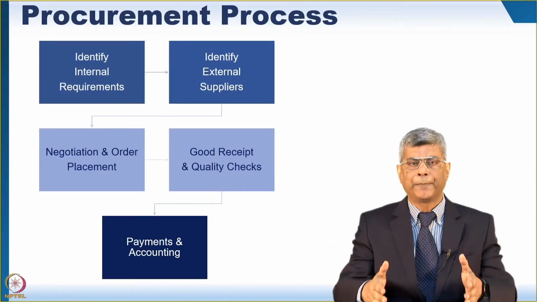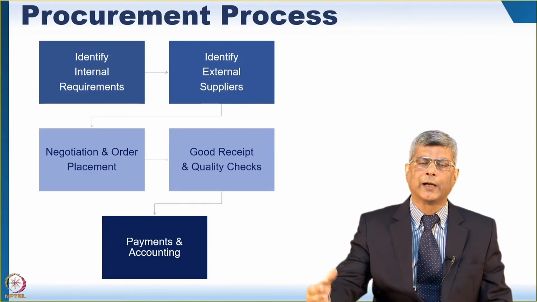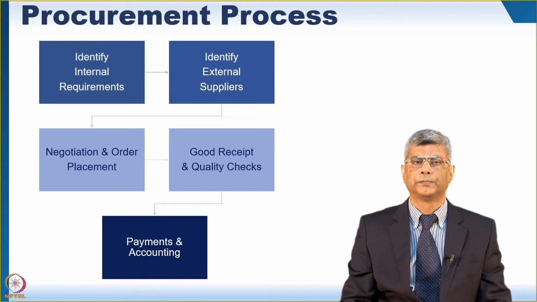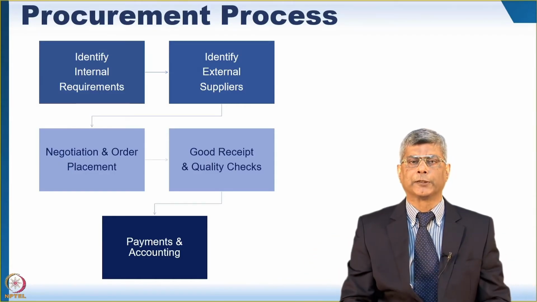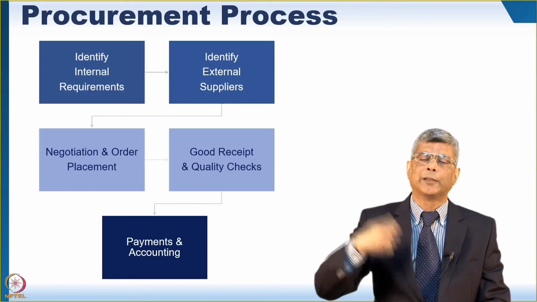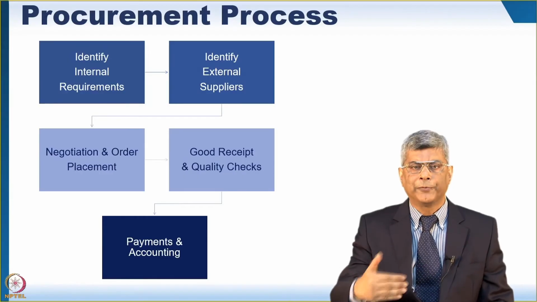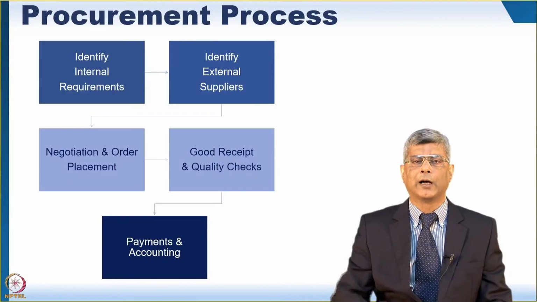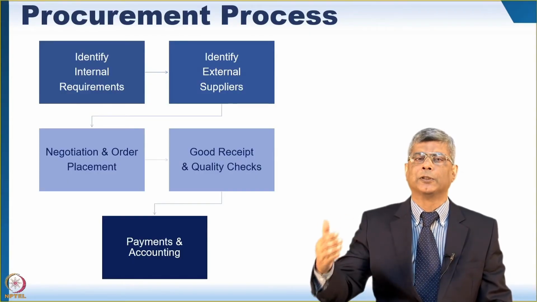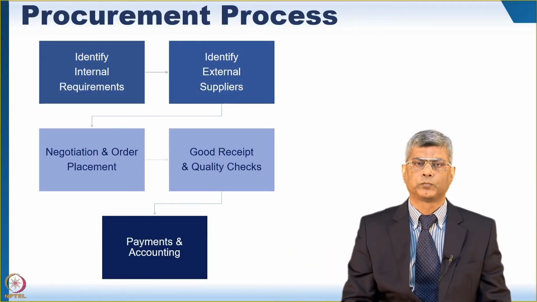Remember, one plant may receive goods from 100, 200, 300, even 1,000 suppliers. And therefore, goods receipt itself is a very complex process, because linked to the goods receipt is the payment that has to go out. And remember, if a company is selling every day 1,000 cars, whose value is, let's say, $10,000 each, so that's 10 million every day.